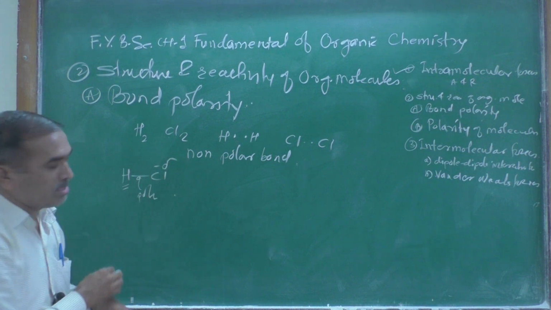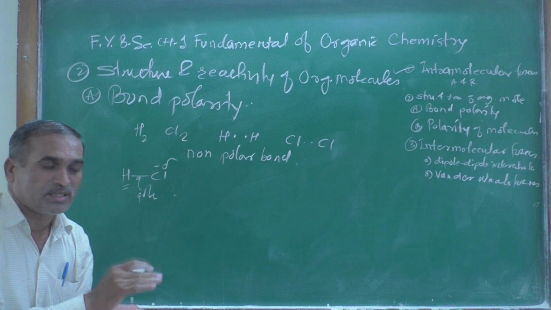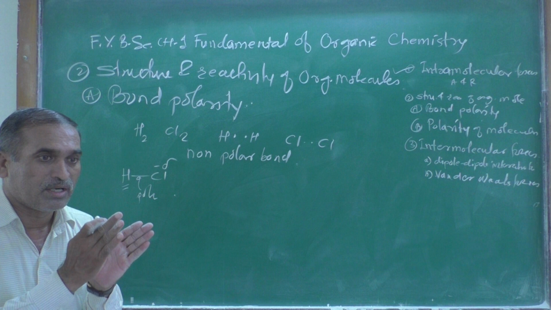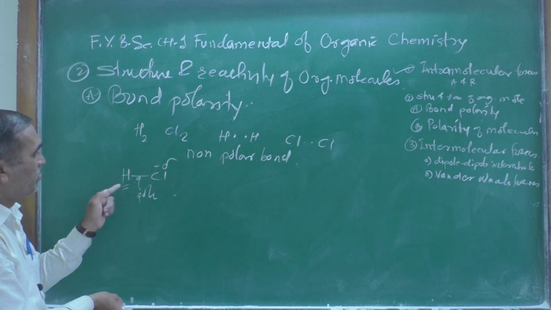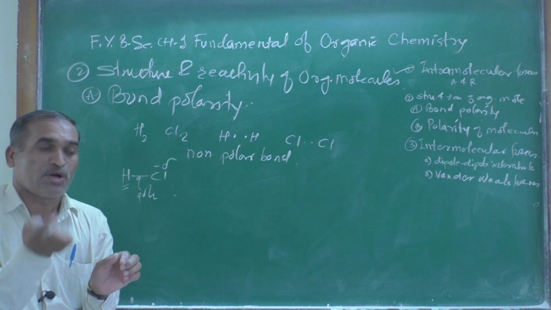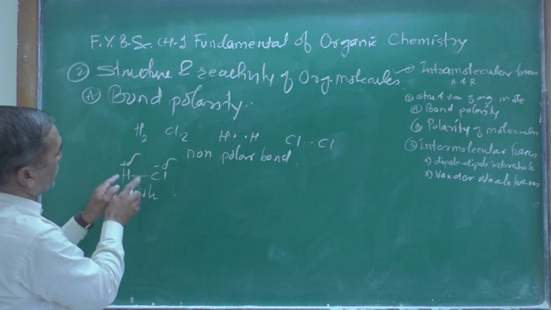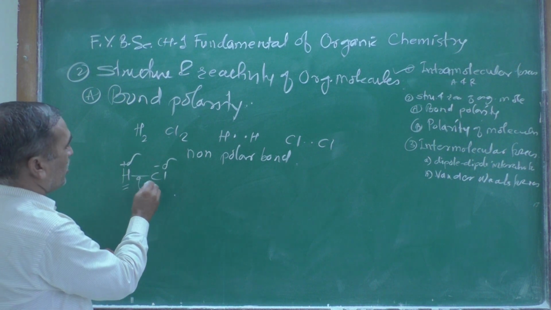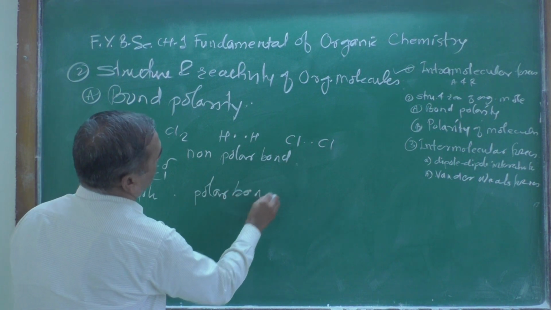On the other end, the hydrogen atom faces fewer bonding pairs around it, and therefore it gets a partial positive charge. This bond is known as a polar bond, right?